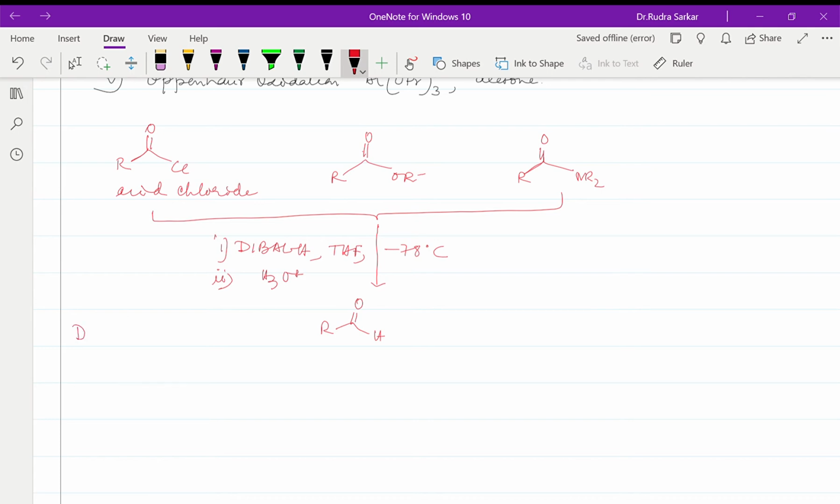DIBAL is also known as diisobutylaluminium hydride.